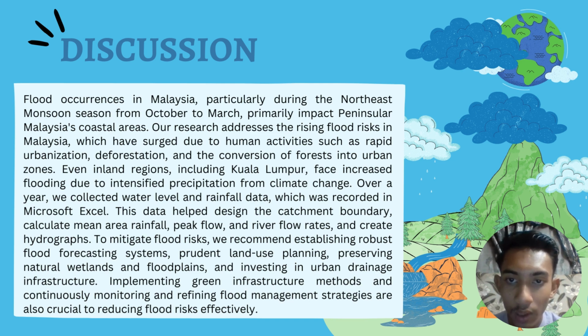Over a year, we collected water level and rainfall data, which was recorded in Microsoft Excel. This data helped design the catchment boundary, calculate mean area rainfall, peak flow, and river flow rates, and create the hydrograph.